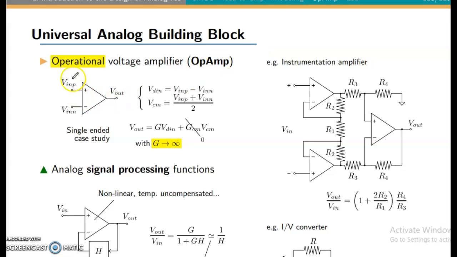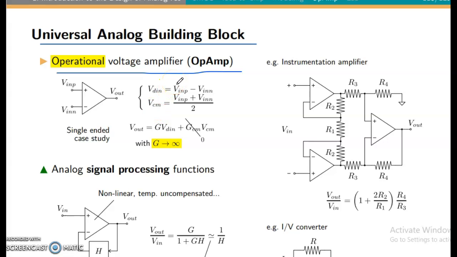Analog building block: the operational voltage amplifier, the op-amp. V in, V out, V input positive, V input negative, VD in, VCM.